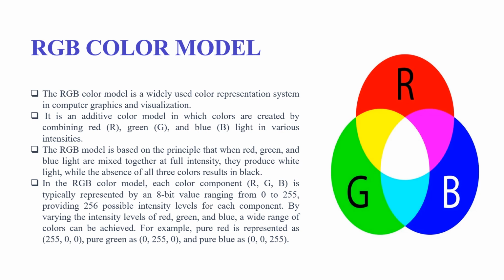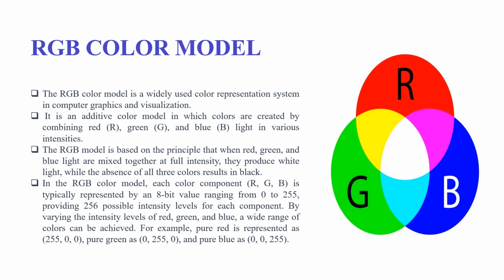It is an additive color model in which colors are created by combining red, green and blue light in various intensities. The RGB model is based on the principle that when red, green and blue light are mixed together at full intensity, they produce white light, while the absence of all three colors results in black.